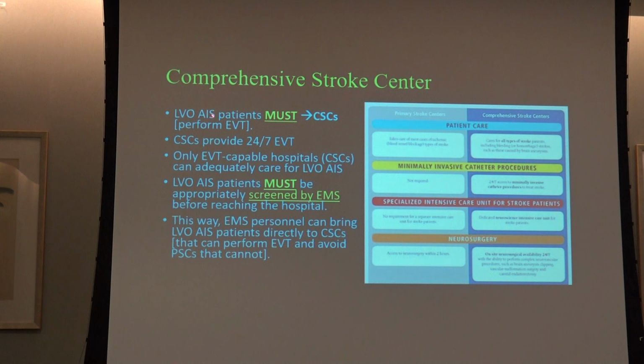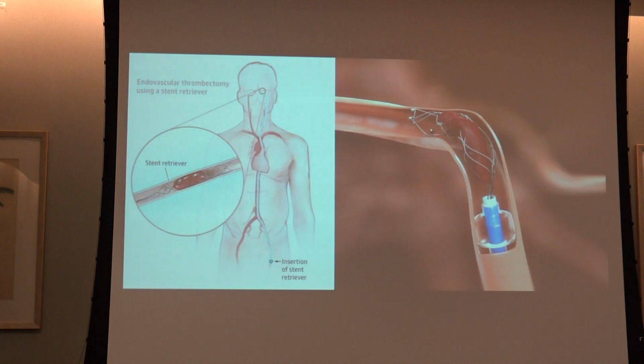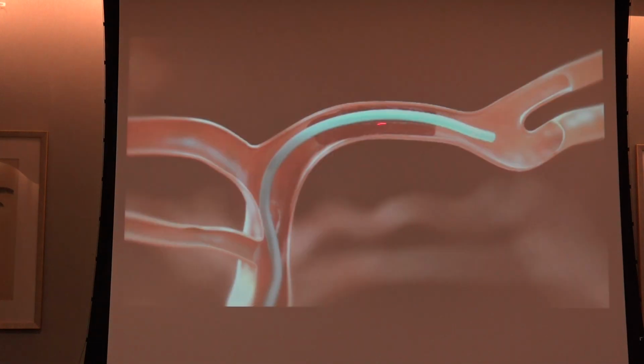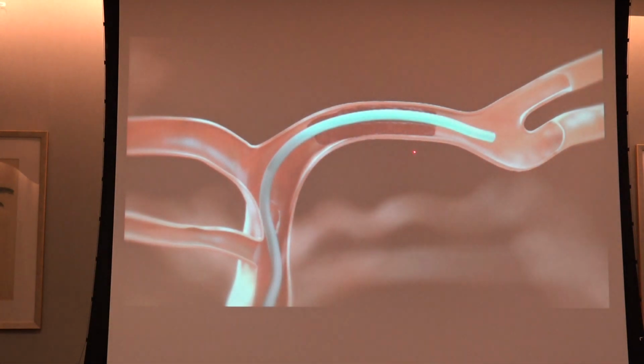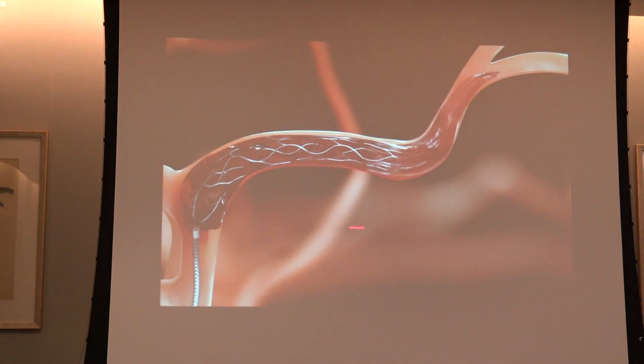Now, all large vessel occlusion patients must come to a comprehensive stroke care center because these are the centers that can perform 24/7 endovascular treatment. And why is that so important? Because these are the centers that can get groin access, go up into the brain with these devices, get across this clot and pull it out of the brain. And we have to be able to bring these patients to these centers to do so.